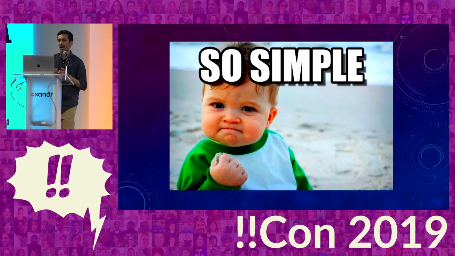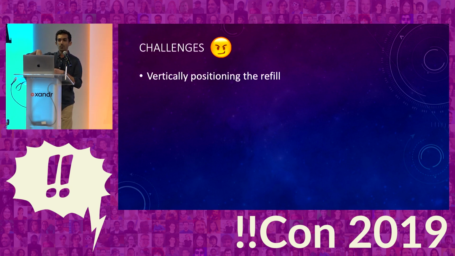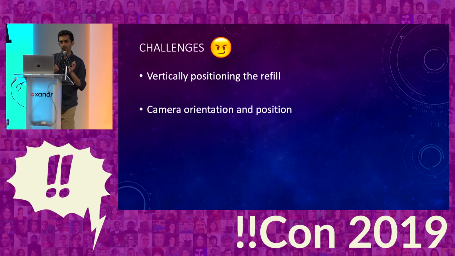Once it was done, I was so happy because I thought, it's so simple. Why was I so worried? Unfortunately, it wasn't true. It had a few challenges. When you mount the refill on the cardboard, you have to make sure it's perfectly vertical, otherwise you are going to get a false object shadow length. When you take pictures, you also have to make sure the camera is perfectly horizontal.